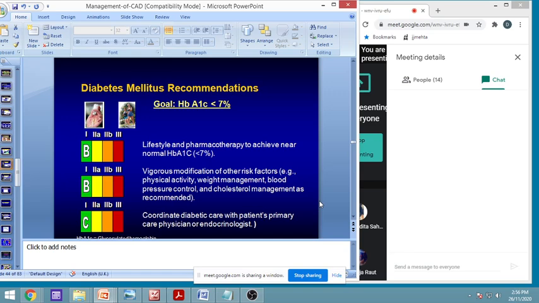HbA1c we shall see during diabetes. Then vigorous modification of other risk factors like physical activity, weight, etc. Modification means more exercise can be given to the patient, which can reduce the fats and the body weight, and give the benefits of exercise.